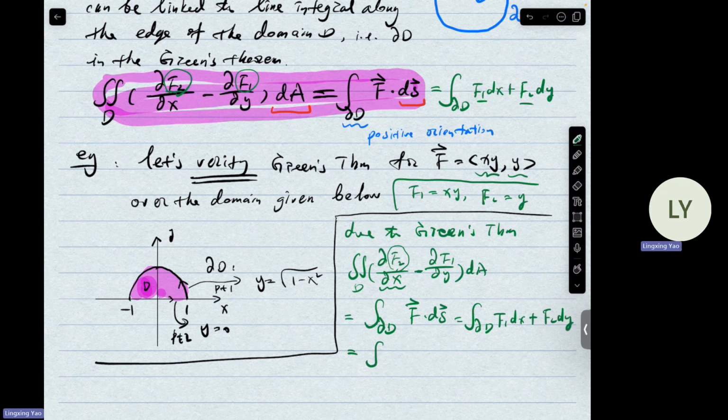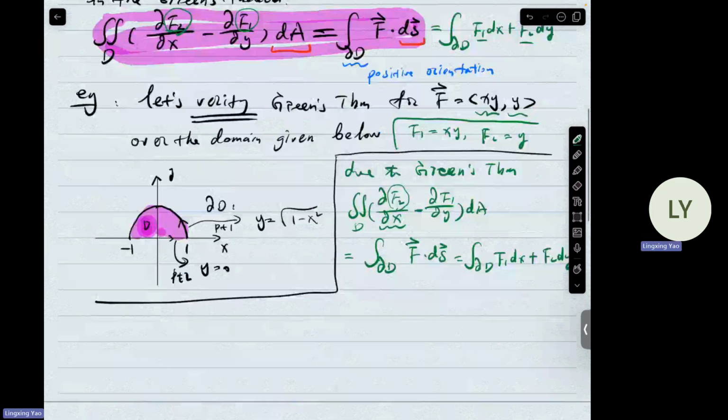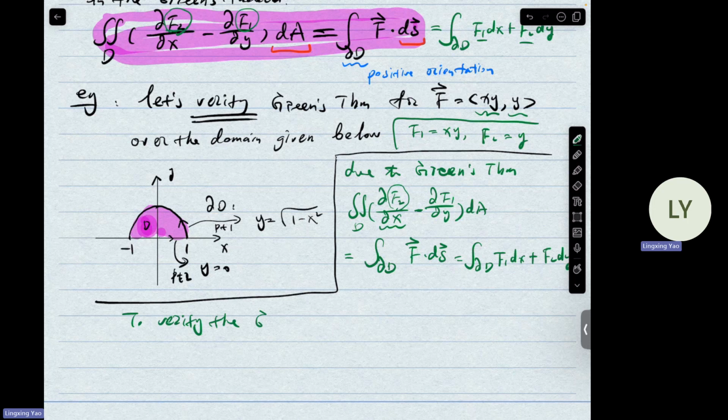Okay, so let's establish how to verify Green's theorem. What do we need to do?